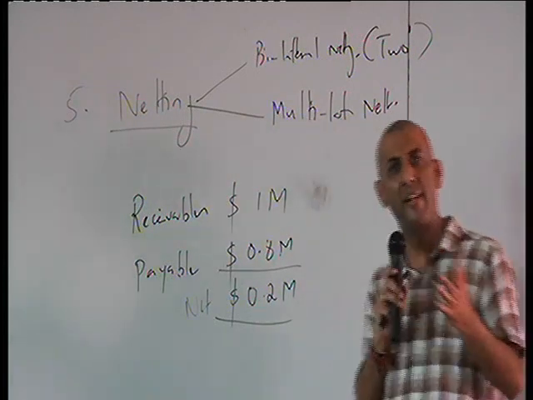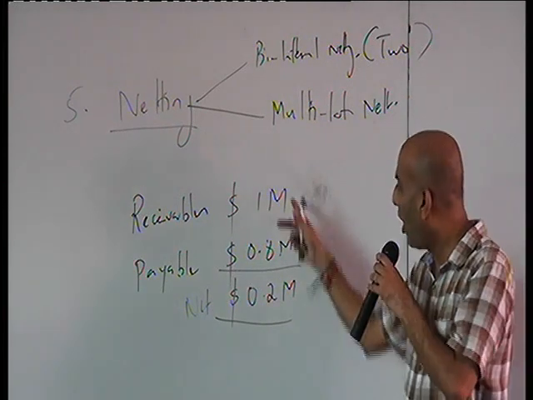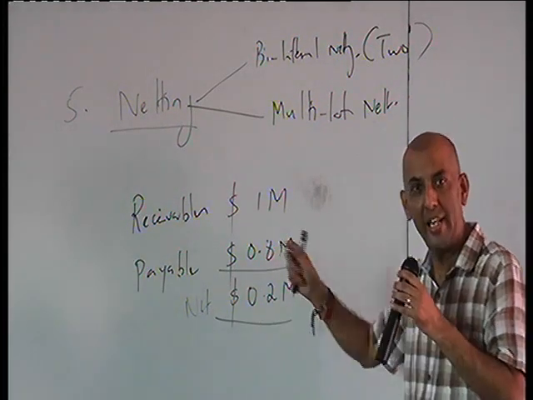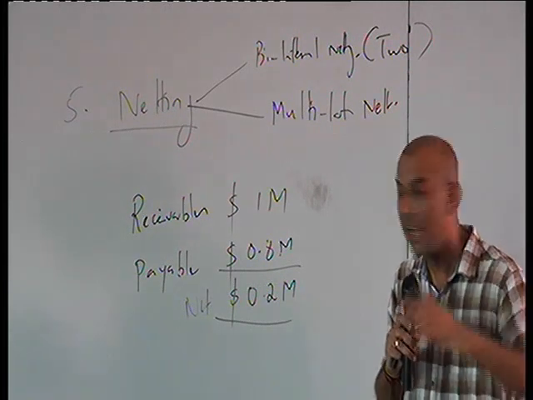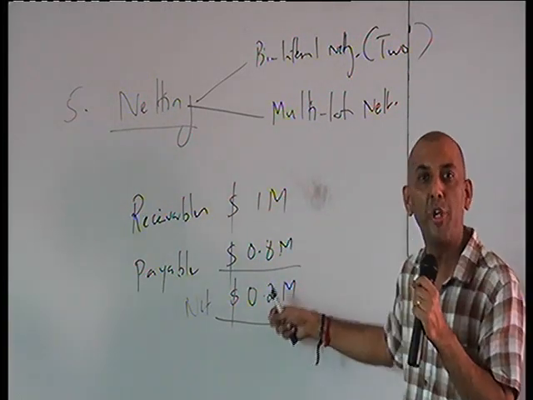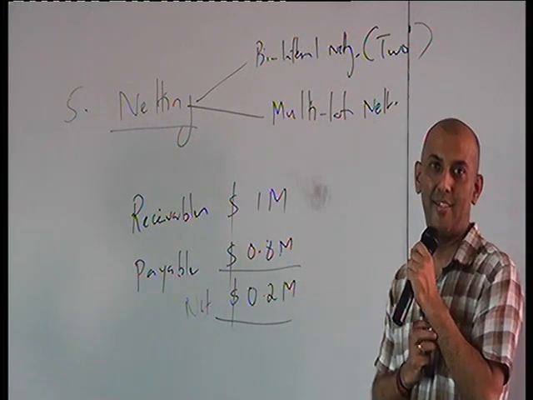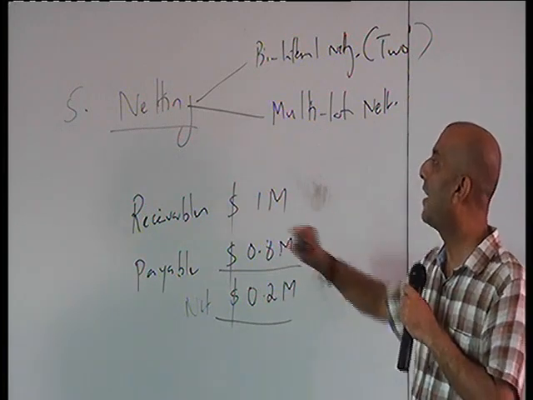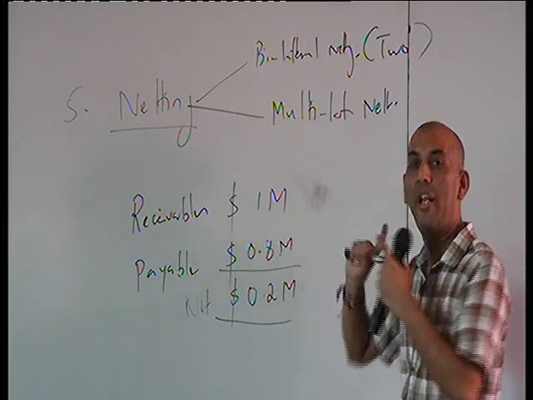So what I am doing here is reducing my exposure. I set off, and only the net amount I will remit, which means I have to buy dollars from the bank, not 1 million, only 0.2 million. My exchange rate losses reduce. This is the technique which will reduce my losses by accounting treatment.